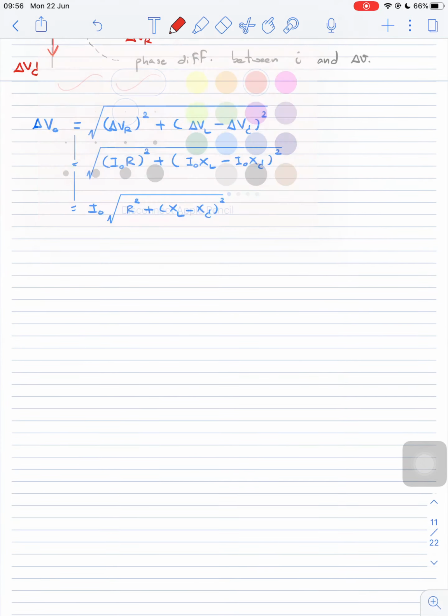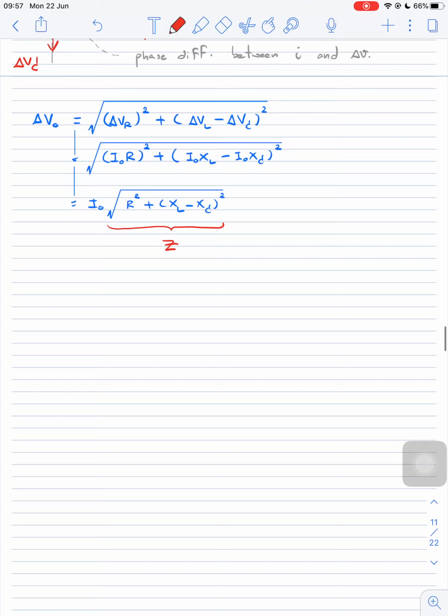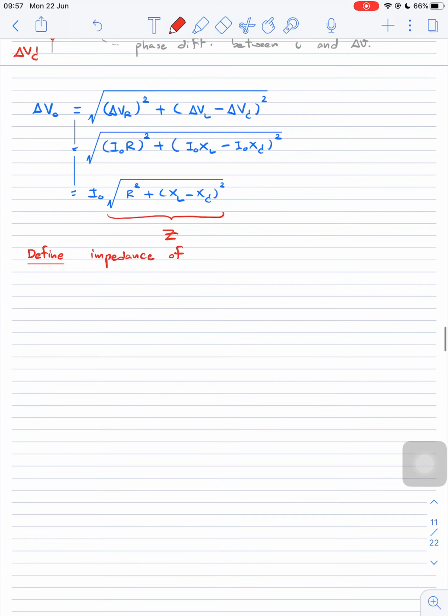So let's define here Z, the impedance of the series circuit.